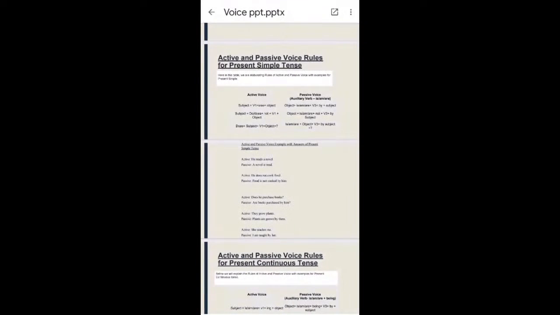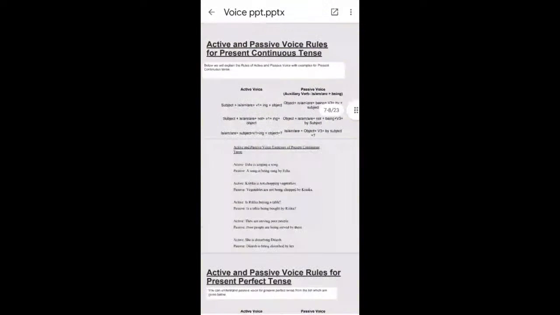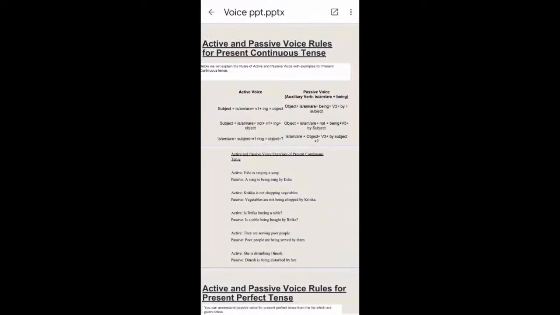We have rules for different types of sentences. Now, let's come to the present continuous tense. Present continuous tense, more or less, same things are there. The only difference is you need to add being, B-E-I-N-G, in passive sentences.